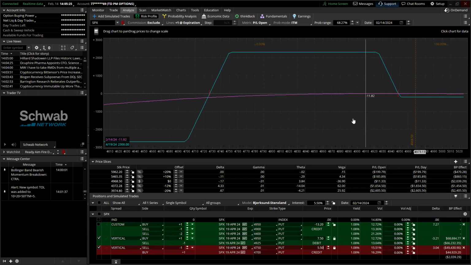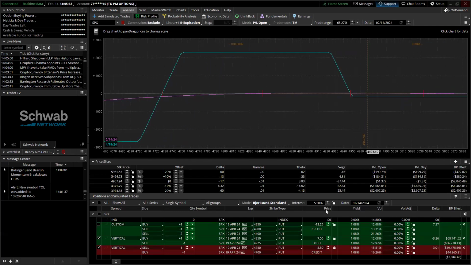If we were to put this trade on for, let's say, even money, where we put nothing up to put this trade on, let's say somehow maybe we legged into this trade, because you wouldn't be able to do this trade otherwise for even money unless we move strikes around.